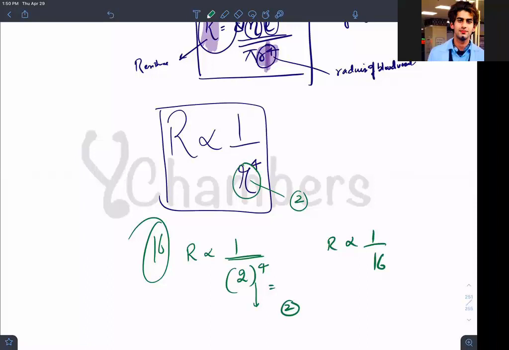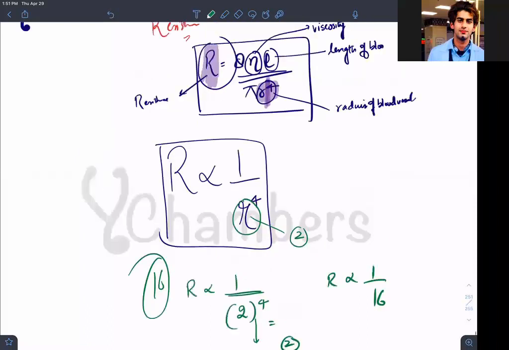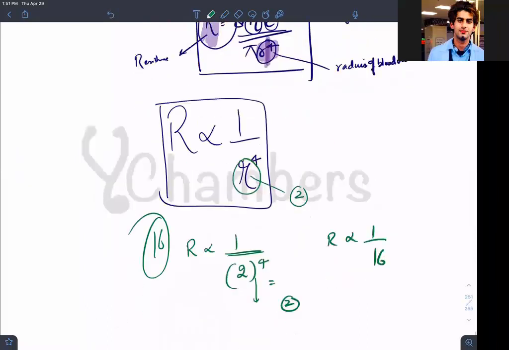I have to say pressure flow resistance. I am decreasing the flow by a factor of 16. Can you now understand why the blood flow is decreasing? This was common sense also, but you could not understand the common sense of radius to the power 4. This radius to the power 4 is important, guys. Is it clear, friends?